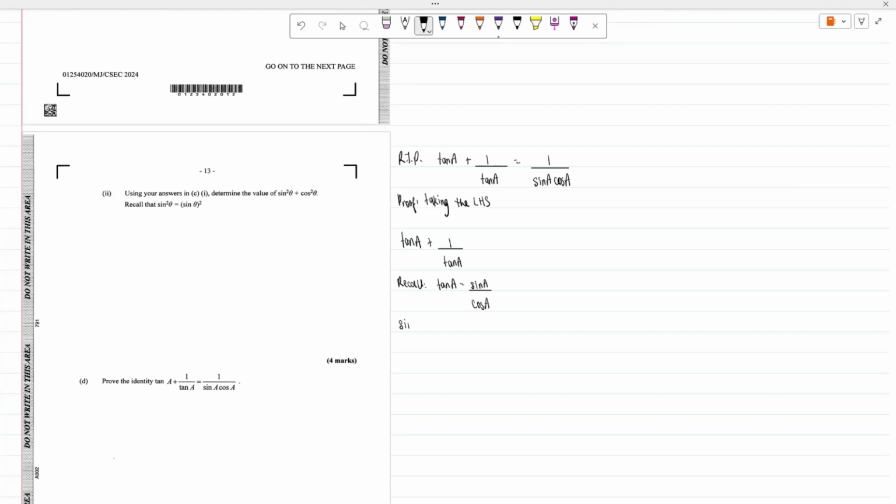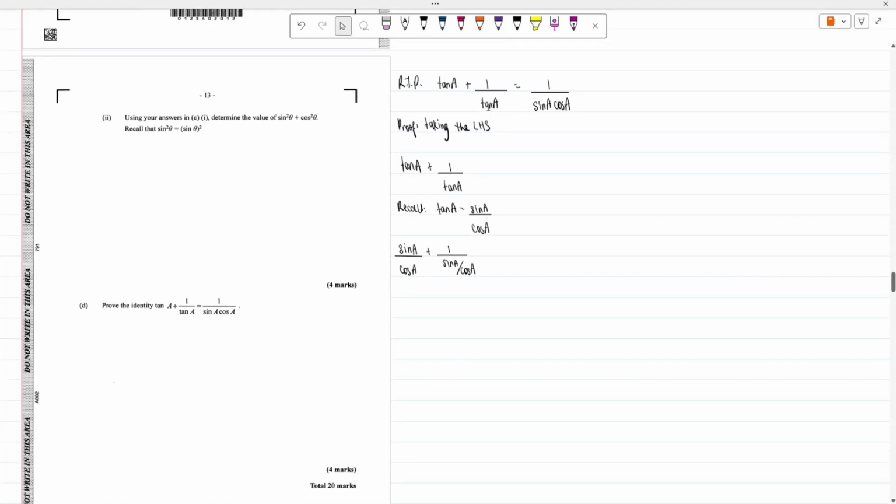So I'm going to get sine A over cos A plus 1 over sine A over cos A, which now becomes sine A over cos A multiplied by cos A over sine A. I want to get 1 over sine A cos A. Now, cancel, cancel.